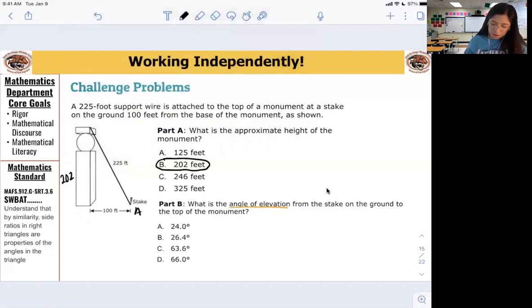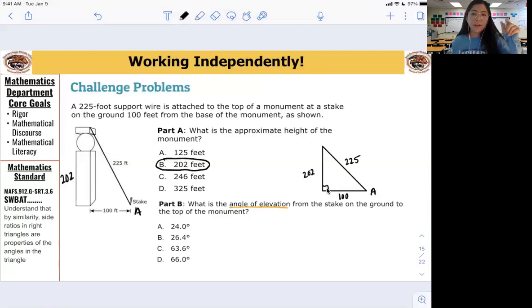It's a triangle, right? So I'm just going to redraw it over here. We're looking for A, and we know a few things. We know this is 100, we know this is 202, and this is 225. Does it matter which ratio I use?